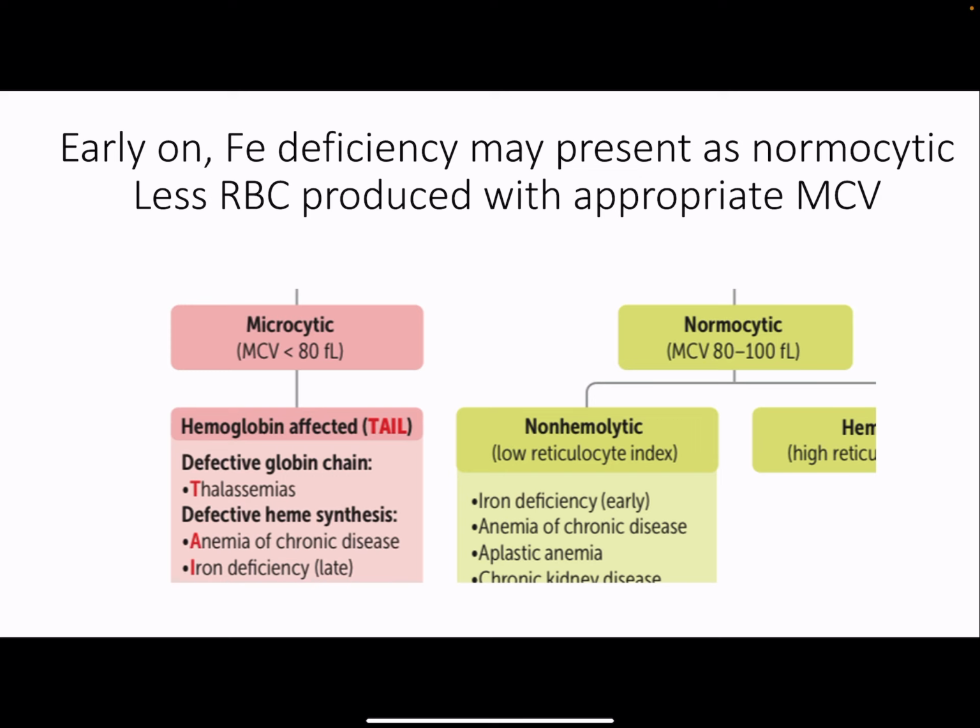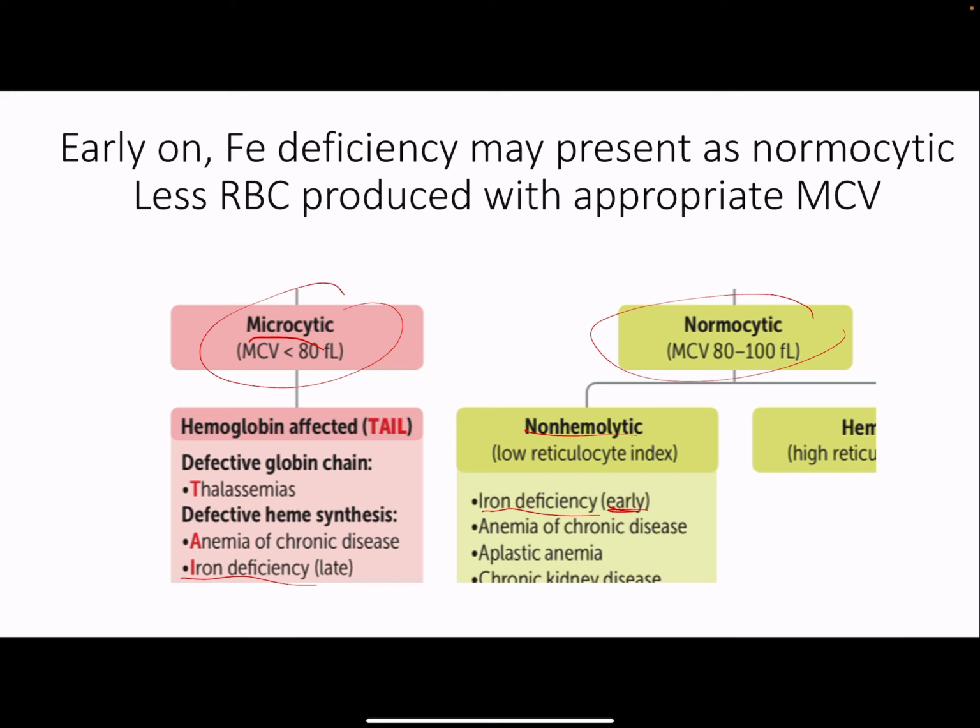So early on, so here's our microcytic and here's our normocytic iron deficiency. Early, it's normocytic, normal size, and then later it becomes microcytic. So if they don't give you the context, I would probably just go ahead and say it's microcytic. But early on, you produce fewer red blood cells, but they're the normal size.